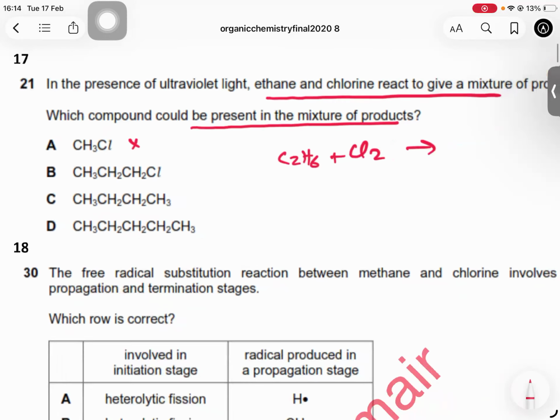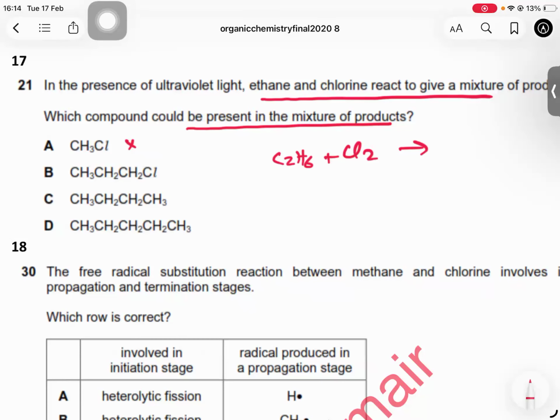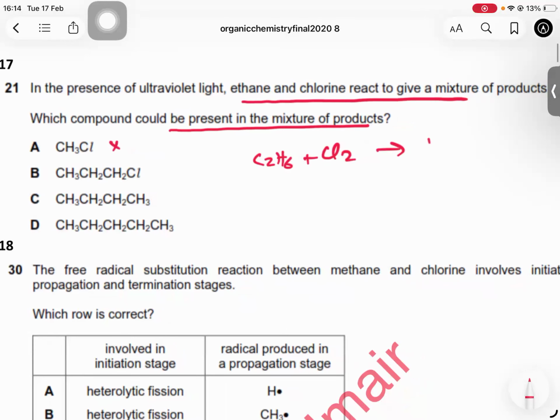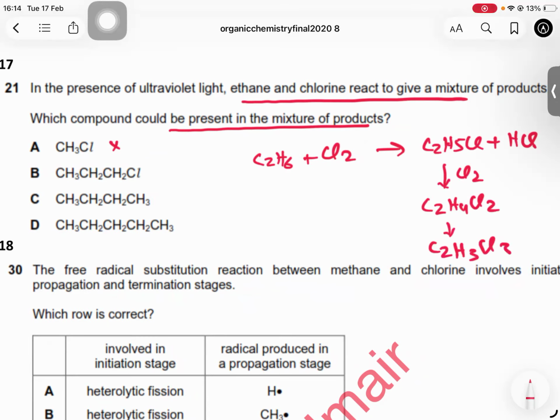No. Ethane with chlorine. C2H6 plus Cl. You know, first C2H5Cl plus HCl will form. Then C2H5Cl will react with Cl2 and form what? C2H4Cl2. Then what? C2H3Cl3. Then C2H2Cl4. Then C2HCl5.